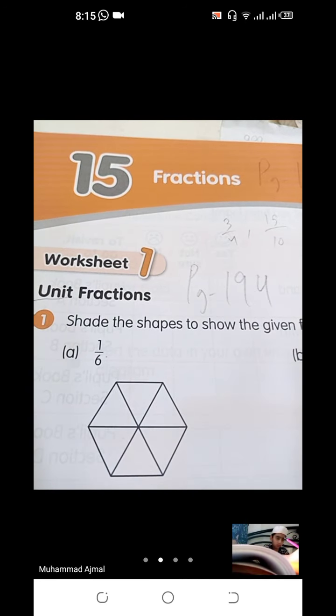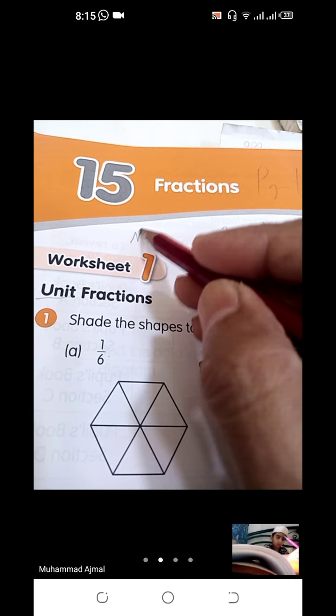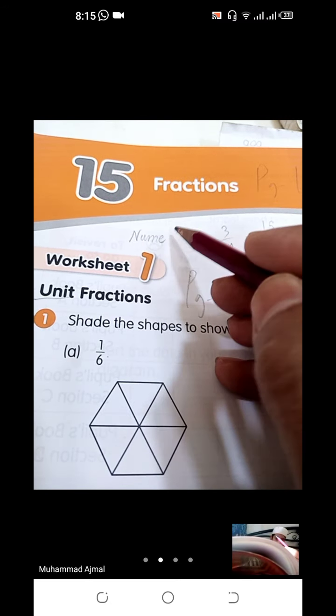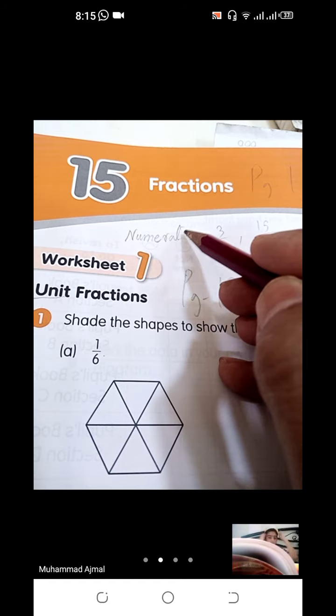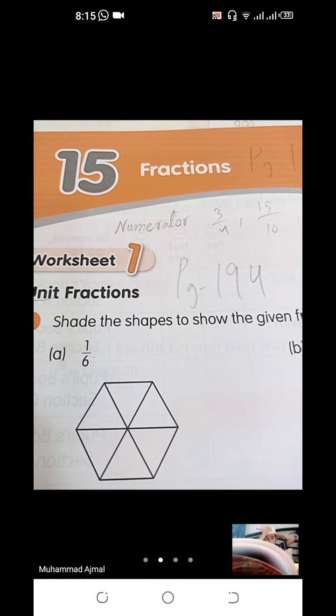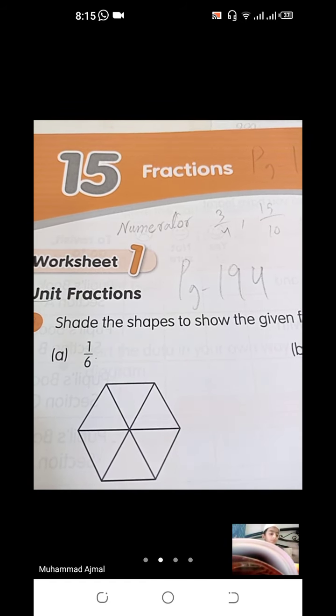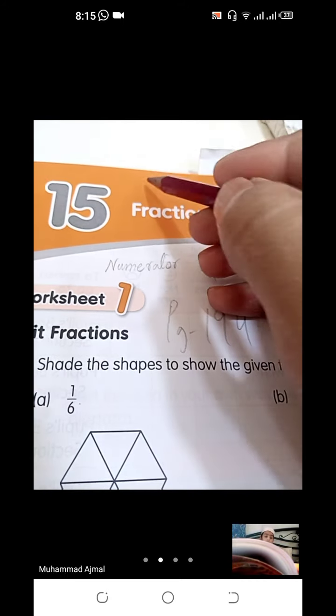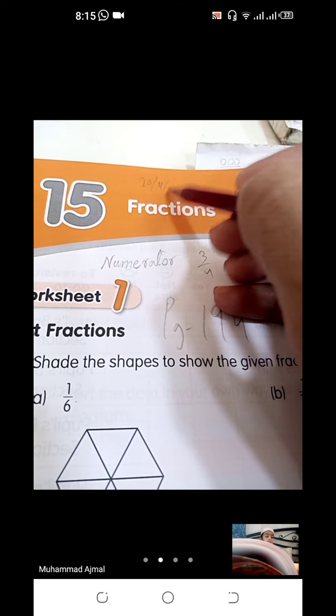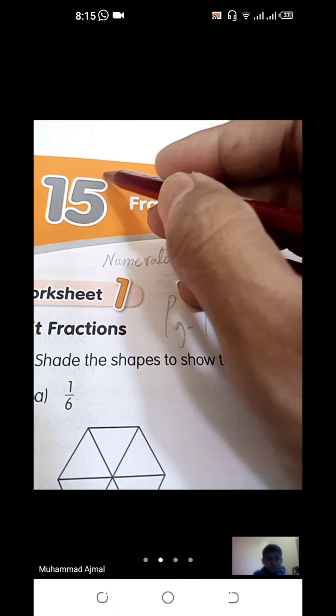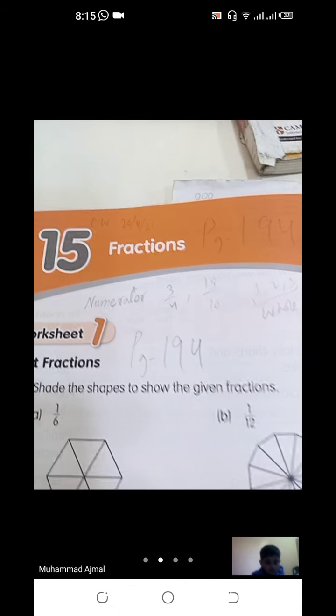The above number of a fraction is called the numerator. N-U-M-E-R-A-T-O-R. You can write this word at the top of your page, and write the date here at the top of the page. You write CW.